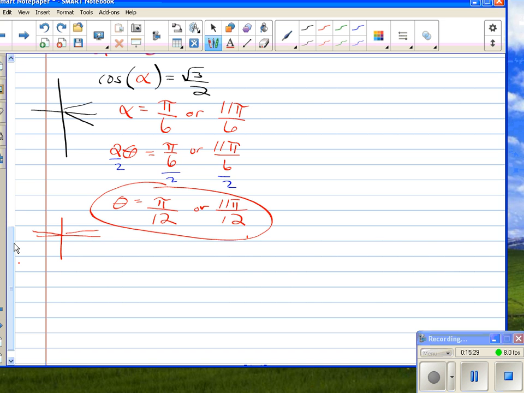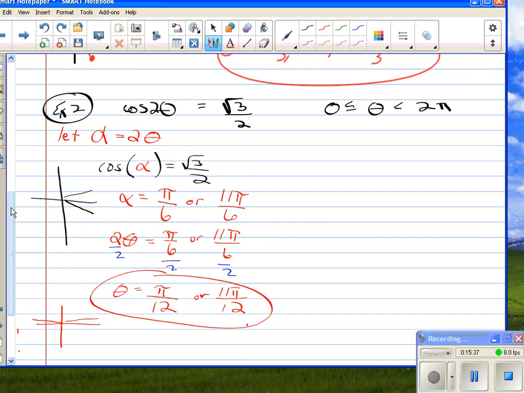Sometimes there's going to be something extra there, and sometimes there's not. But it's something that we've got to be wary of. Now, here's the way we find out. Think about our initial range. Let's say we wanted all the angles between 0 and 2 pi. But then the angle that we were actually trying to deal with was 2 theta.